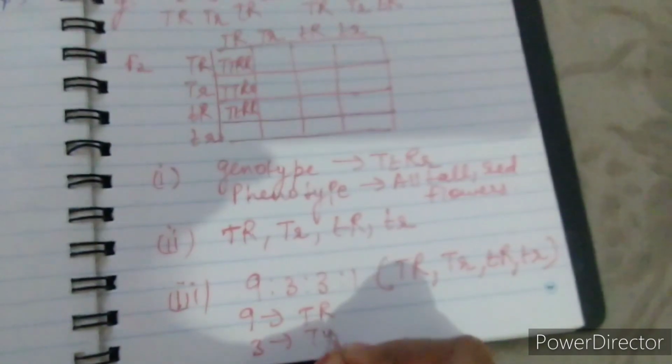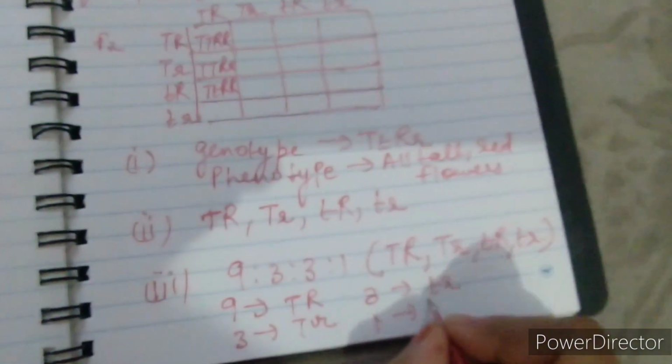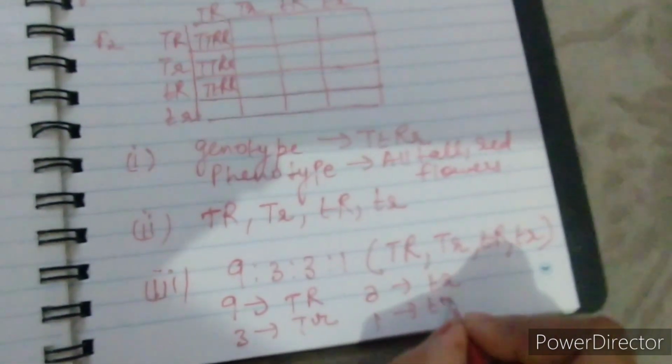This will be the dihybrid ratio, and you have to write the phenotype. Then you can write in words, that is 9 plants will be tall with red flowers, 3 plants will be tall with white flowers, 3 plants will be dwarf with red flowers, and 1 will be dwarf with white flowers.